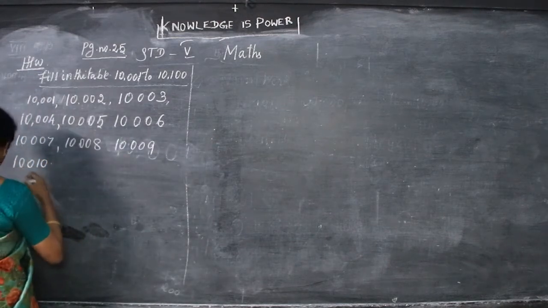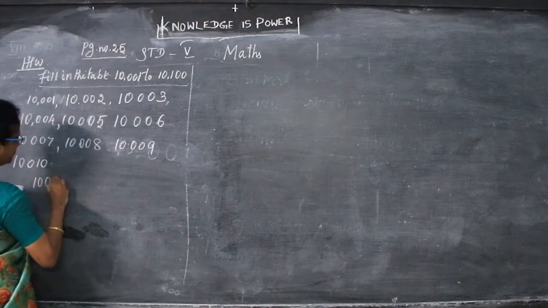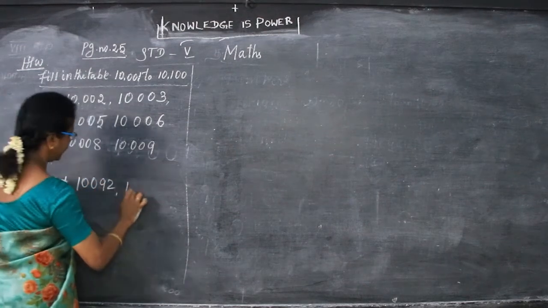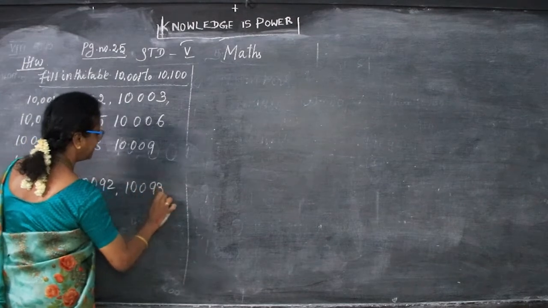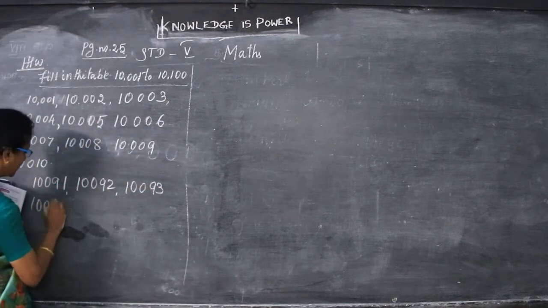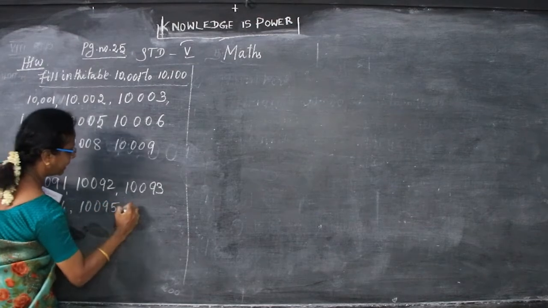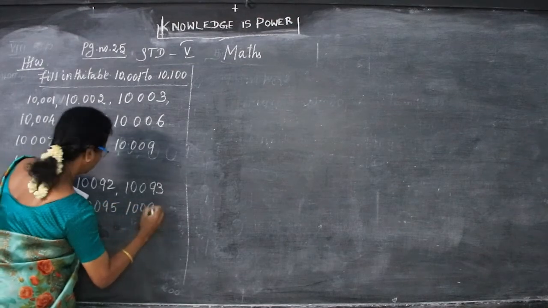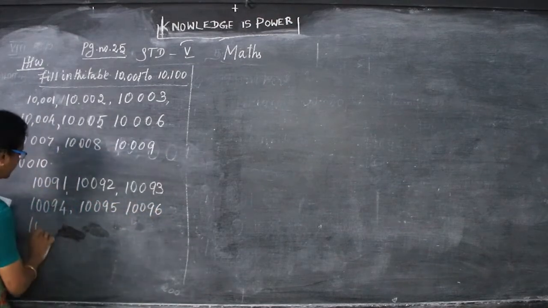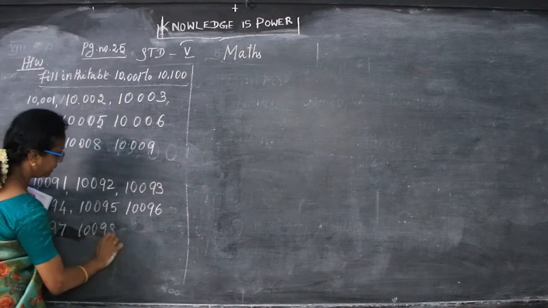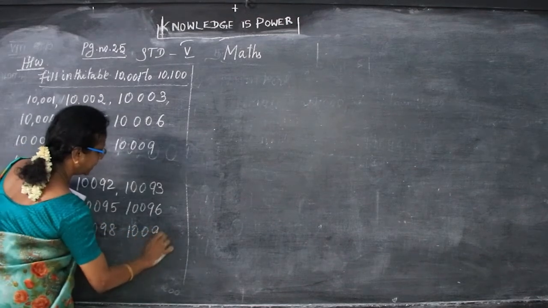After this, 10,091, 10,092, 10,093, 10,094, 10,095. Like this you write the numbers, 97, 98, 99.